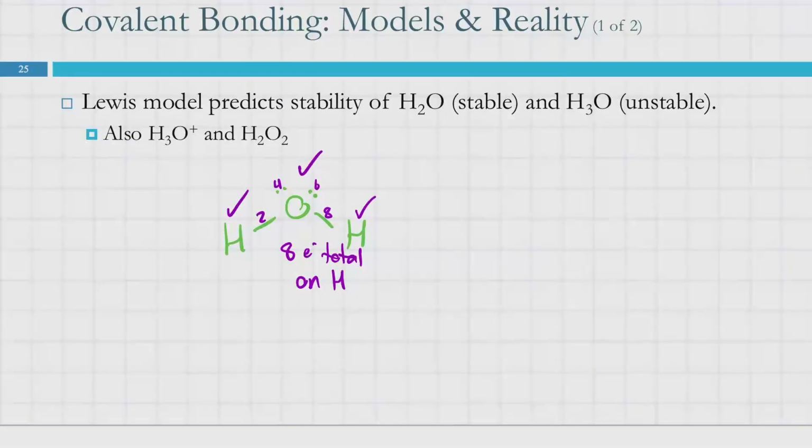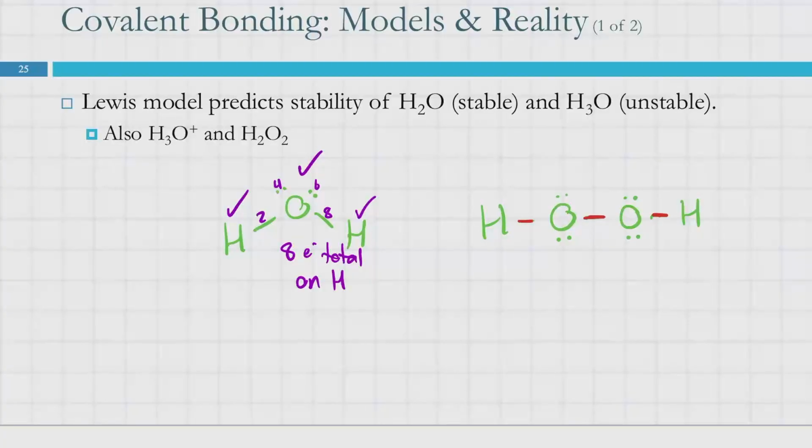Let's do H2O2, hydrogen peroxide. Hydrogen peroxide looks like this. It would have a different shape, but something to that effect. If we're looking at our hydrogens, notice they've got 1 bond. 1 bond is 2 electrons.